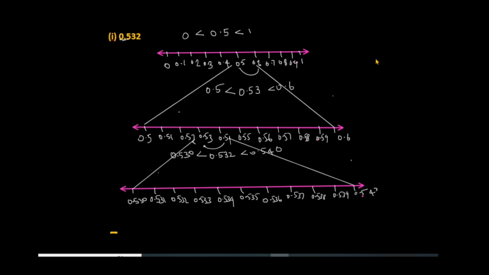So exactly our number is this one, 0.532, which is in between 0.53 and 0.54, which is here, and these two numbers are in between 0.5 and 0.6, which is here, and 0.5 and 0.6 are in between 0 to 1. 0.532 can be written as 532 divided by 1000. So 0 to 1 will be divided into 1000 equal parts, then we can show the number exactly.